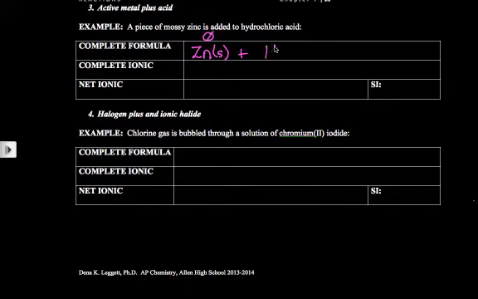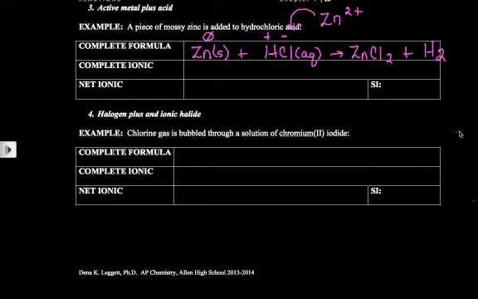If I add that to hydrochloric acid, aqueous, acids are aqueous, the H is positive, the Cl is negative. Zinc, remember, is part of that staircase, which means that when zinc goes into a compound, it wants to be zinc plus 2. Cations dance with anions. So I'd have zinc chloride. Hydrogen would be by itself, but as a diatomic.